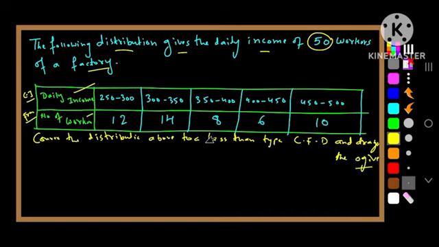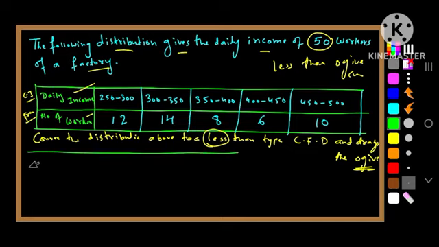So here you have to see that this is less than type. So you have to convert this into less than OG curve. For that, first of all you have to take three columns.